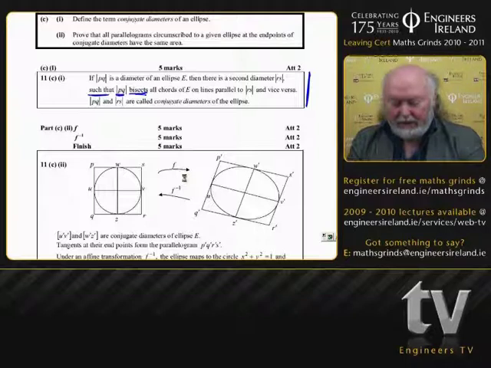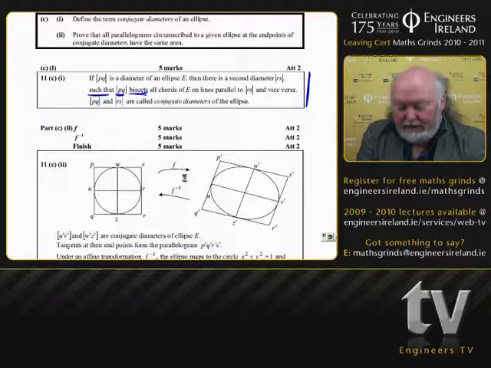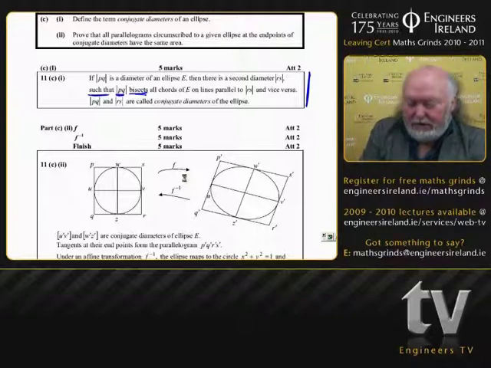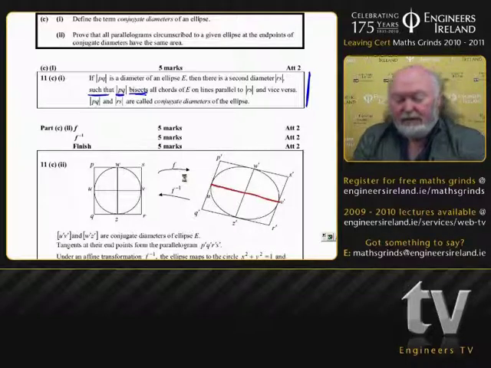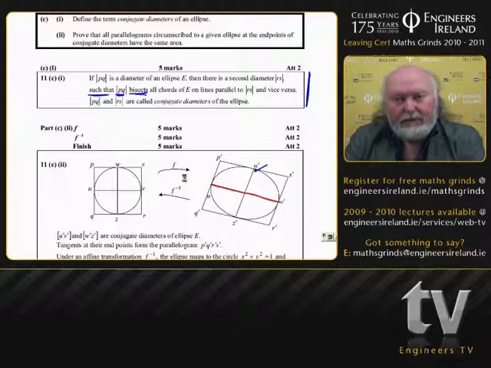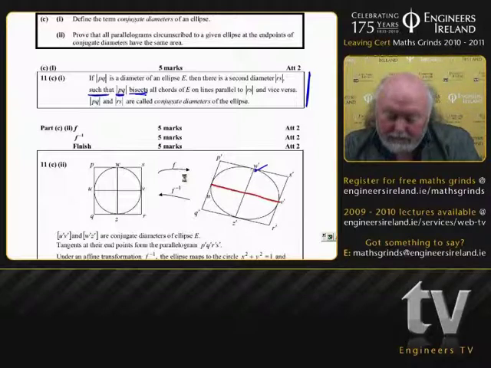Let's just see it down here. If we said that this was the original diameter and we're looking for its conjugate, we're interrogating this to see its conjugate. Funny thing about this is we look at everything that's parallel to it, and obviously there's an infinity of them.